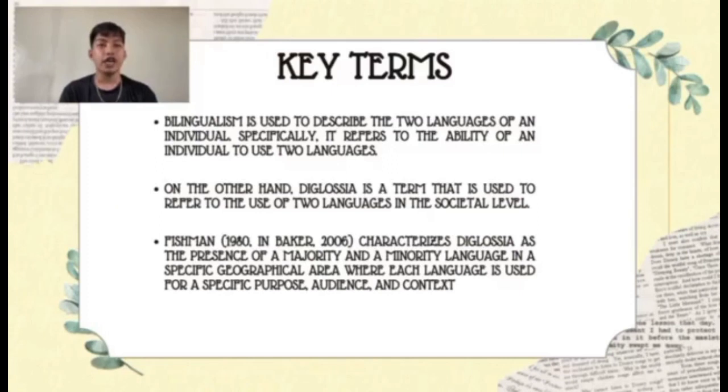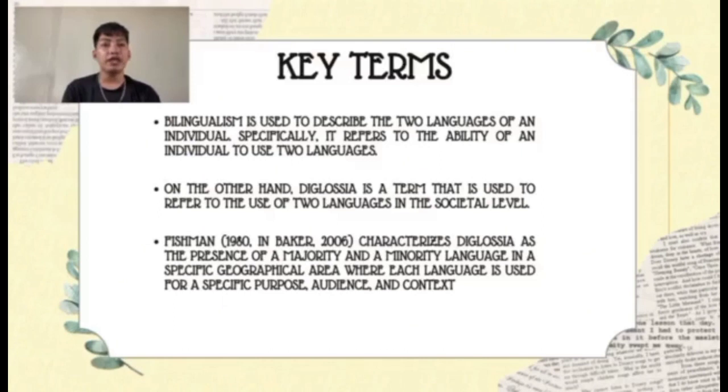On the other hand, diglossia is a term used to refer to the use of two languages at a societal level. Diglossia is a situation in which two languages are used under different conditions within a country, often by the same person or the same speaker. According to Fishman 1980 and Baker 2006, diglossia is characterized as the presence of a majority and a minority language in a specific geographical area, where each language is used for a specific purpose, audience, and context.